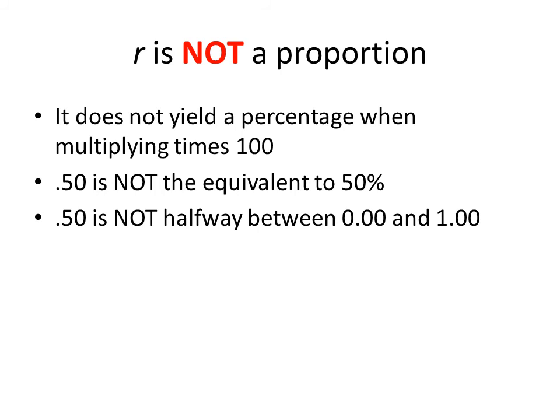So multiplying r by 100 does not yield a percentage. And also, 0.50 is not halfway between 0.00 and 1. This is a problem in interpretation, and this will be explored further in section 14.